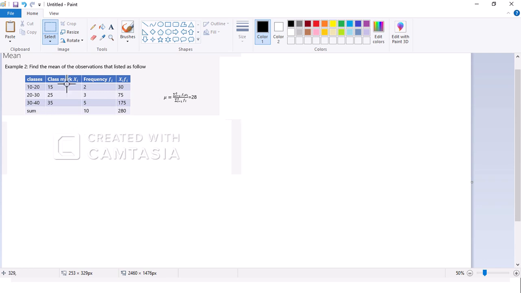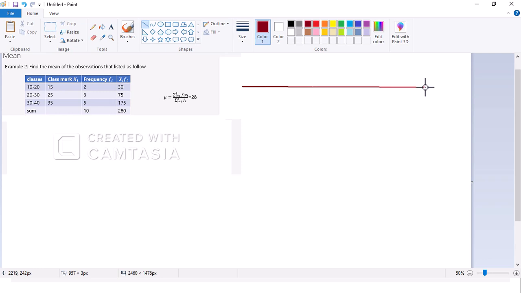We have a frequency table with several values, and they ask you to calculate the mean of the data based on this table. Let me just sketch the data on one axis here.